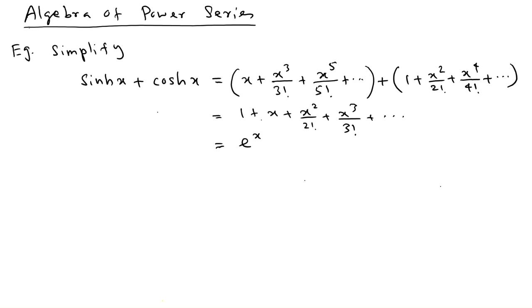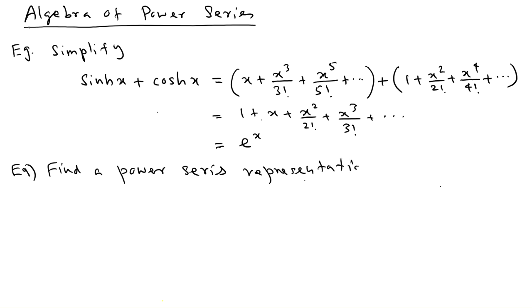Let's do one more. How about this one? Let's try to find a power series of a product. So find a power series representation of e to the x sin x. What we can do, we're going to use the table and we're going to substitute for them.